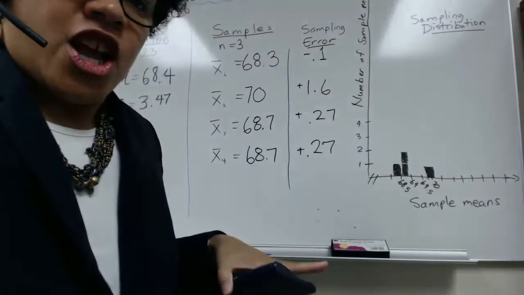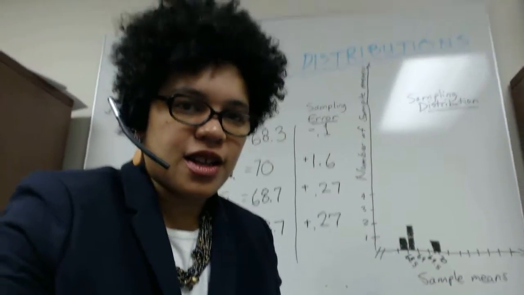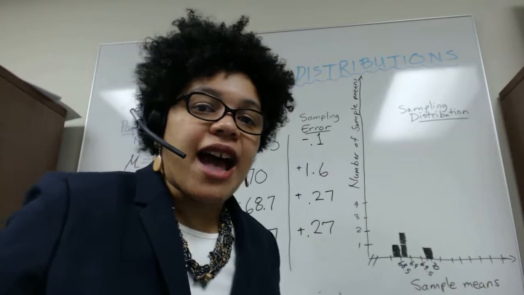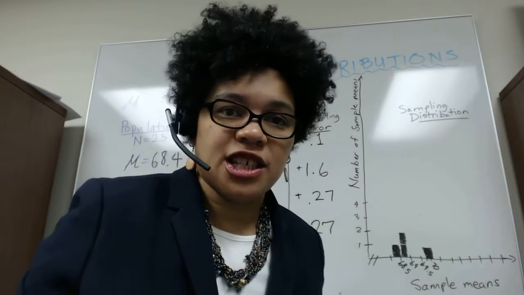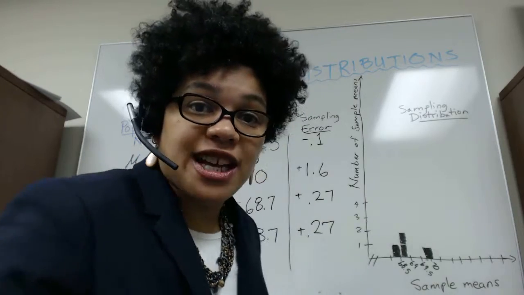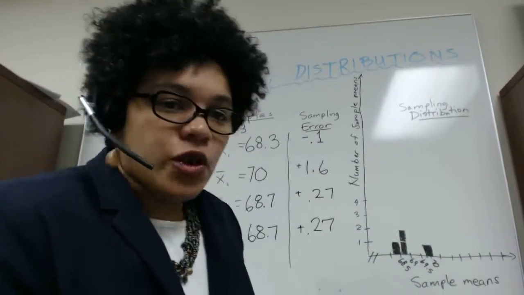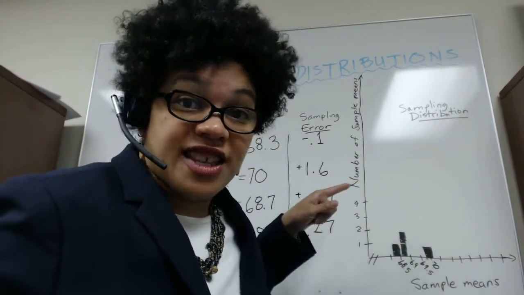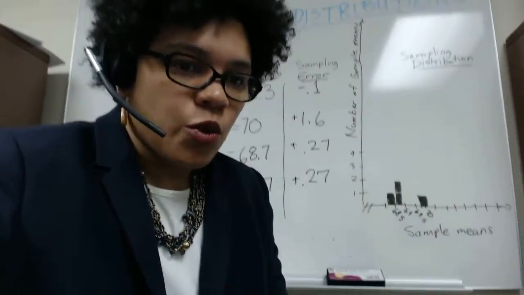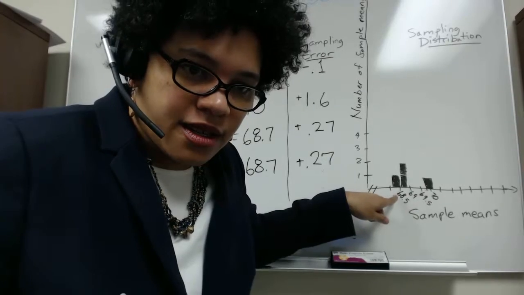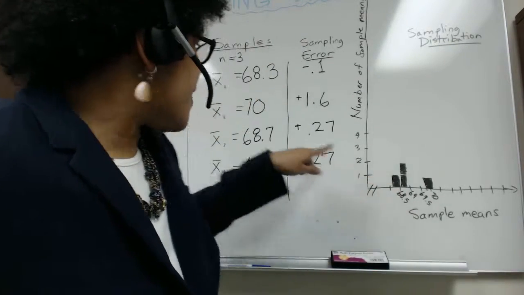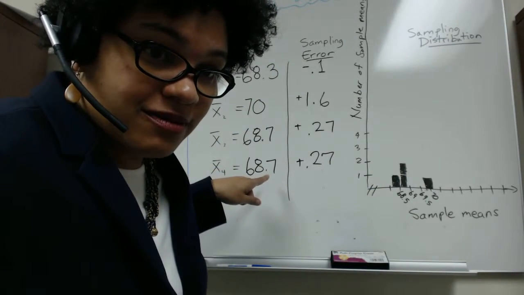We could graph the distribution of the heights in our class, right? That would be graphing these individual values. Here we've done something different. We've graphed the distribution of the samples. We've graphed the means of the samples that we drew.